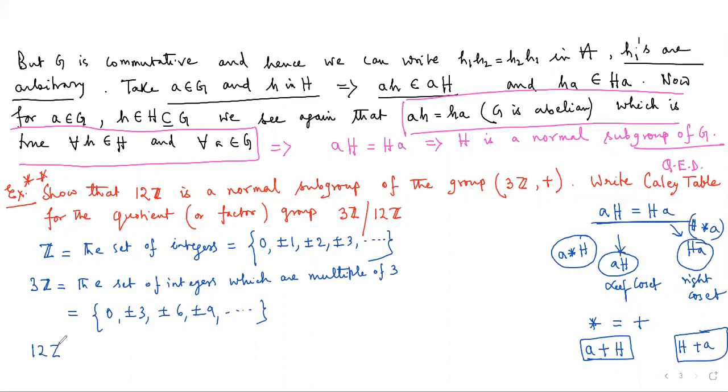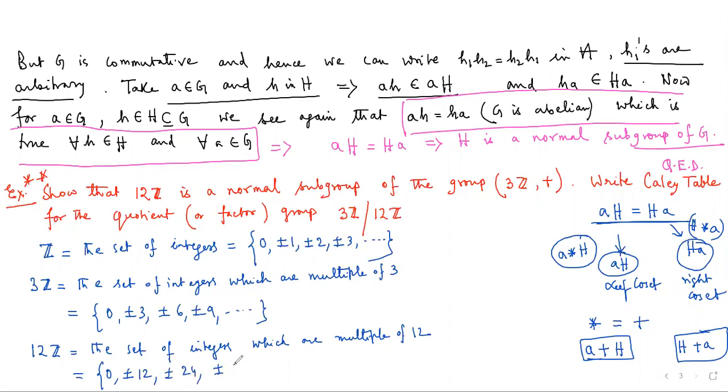The elements of 12Z will be the set of integers which are multiples of 12. So these elements can be written as 0, plus minus 12, plus minus 24, plus minus 36, and so on.